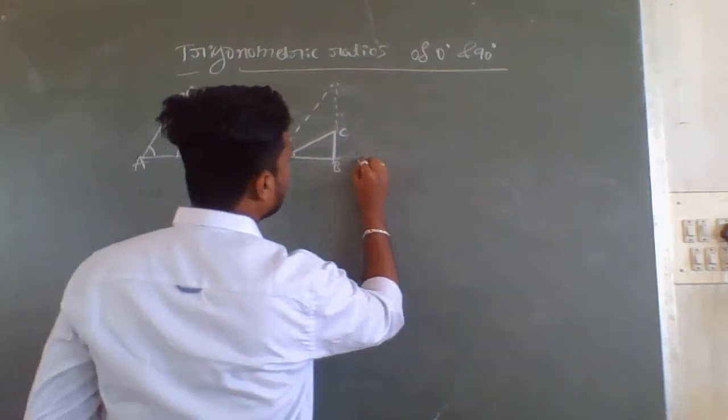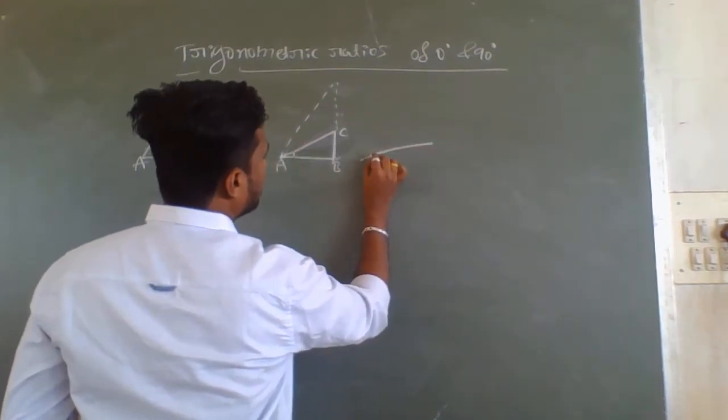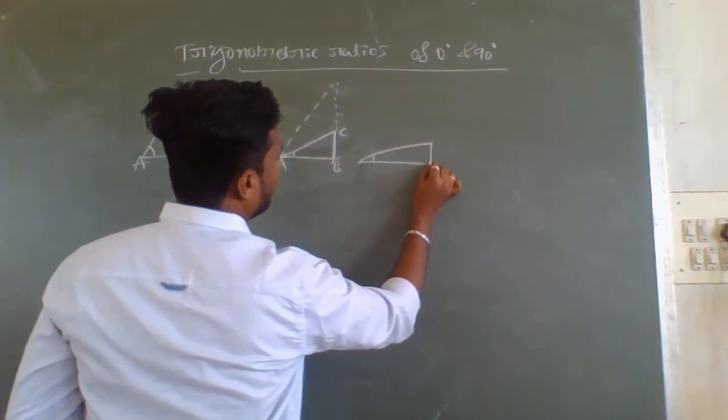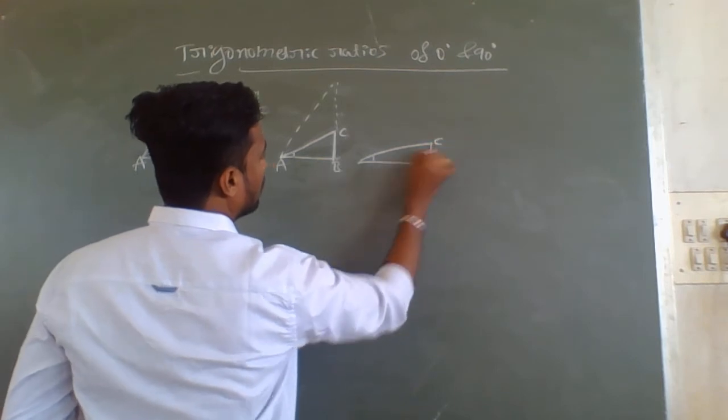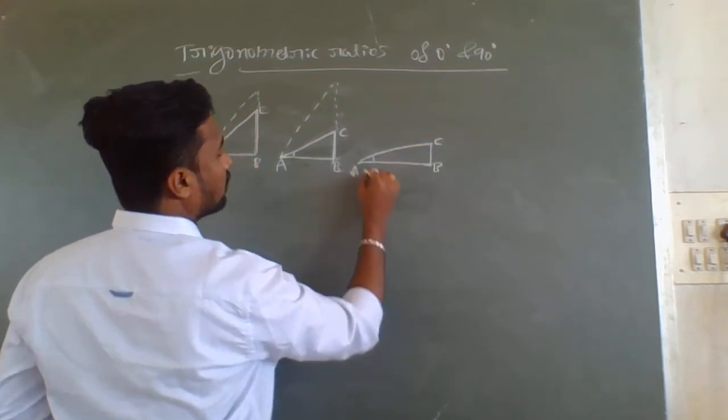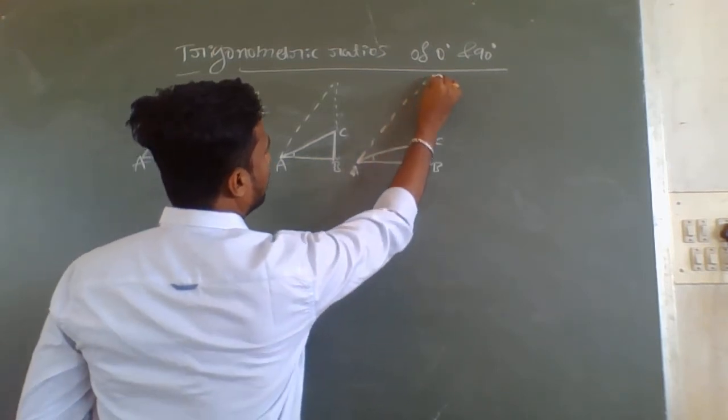Here you can check. Again we will reduce this angle A so that length of BC again reduces.